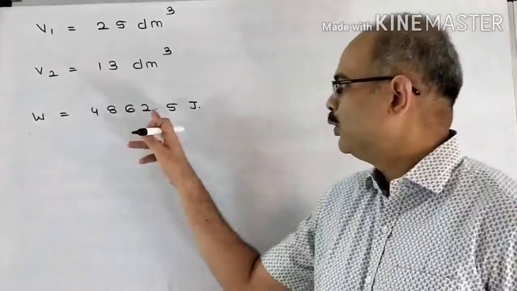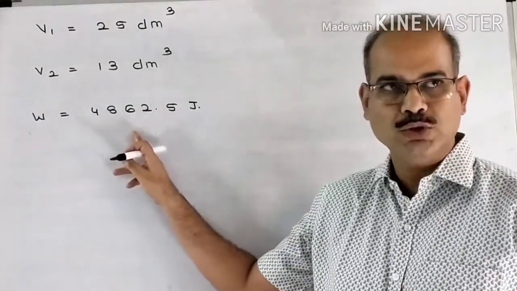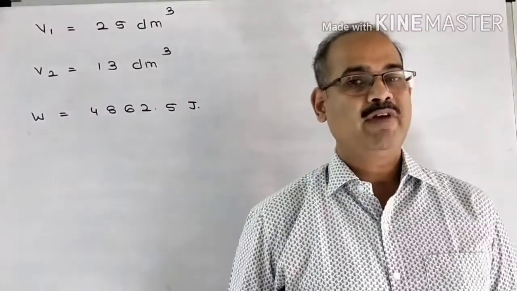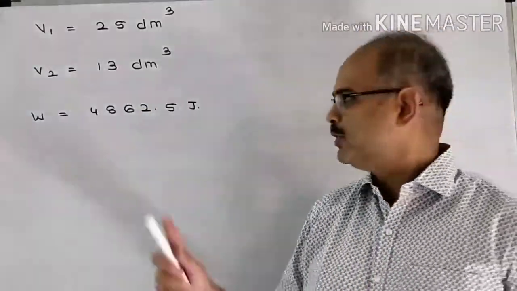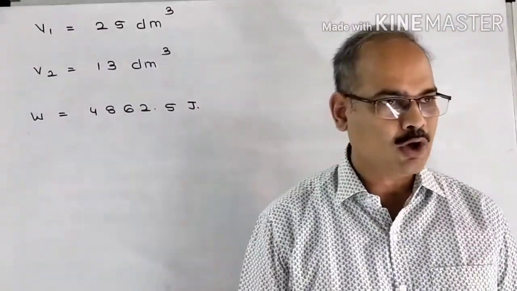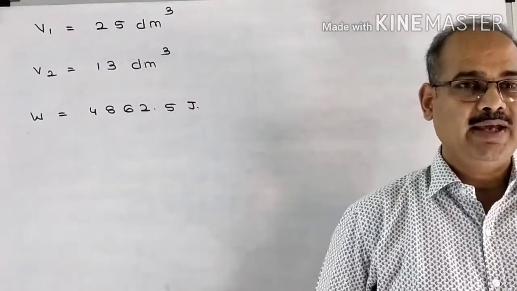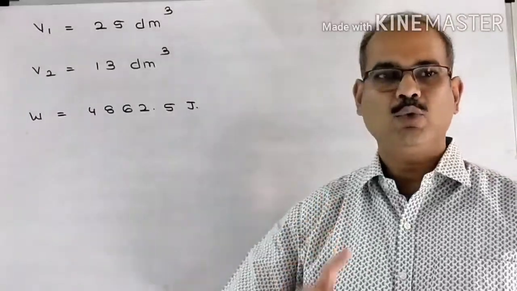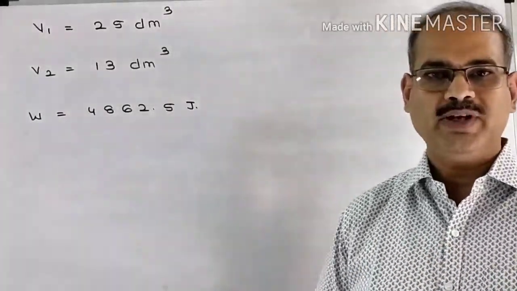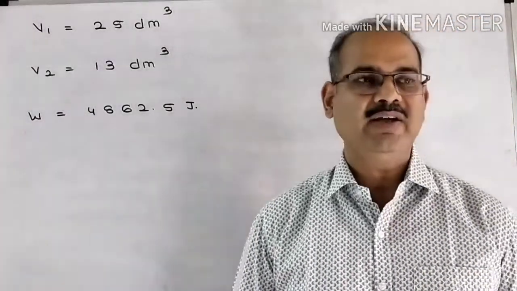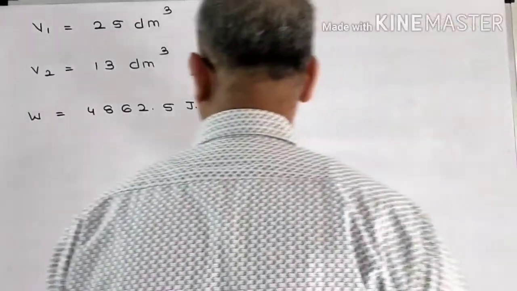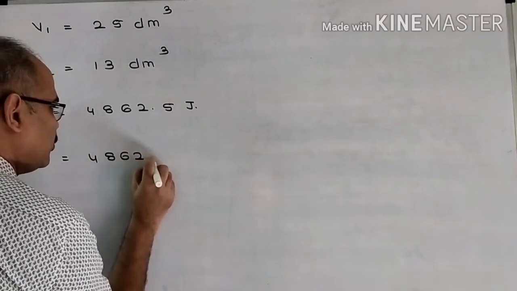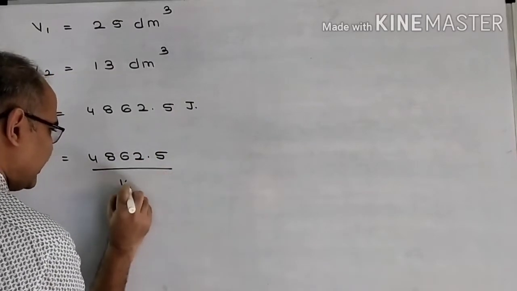Remember, work done is given in terms of joules. Volume is given in terms of dm cube. When volume is in terms of dm cube, the work has to be in terms of what? Dm cube barometer. So this joules, first I have to convert it into dm cube barometer. So what will I do? I will divide it by 100. So work will be equal to 4862.5 divided by 100.